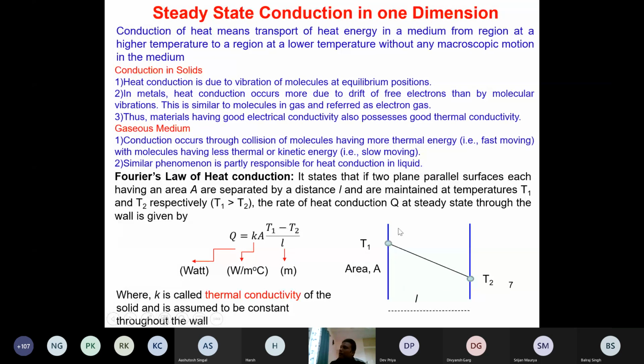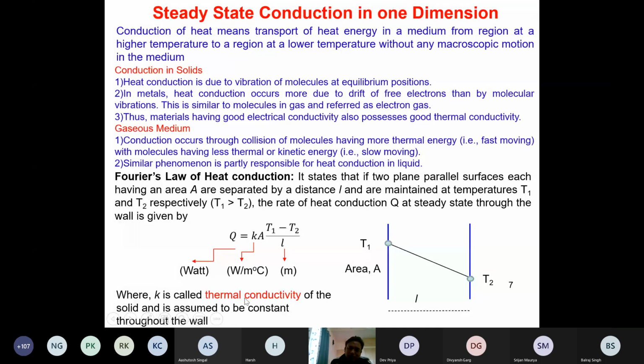The slab has thickness L and cross-sectional area A. In Fourier's law of heat conduction, the net rate of heat transfer Q is proportional to the temperature difference and inversely proportional to the thickness. And the proportionality constant here is k, the thermal conductivity.